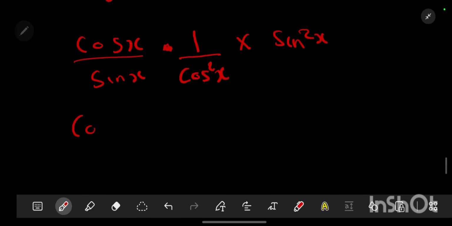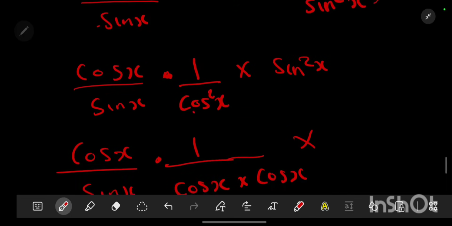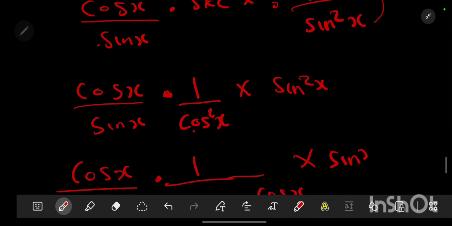So this is the same as cos of x over the sine of x, then multiplied by 1 over cos x, which is cos of x times cos of x, like that. Then multiplied by sine of x, which is sine x times sine of x.